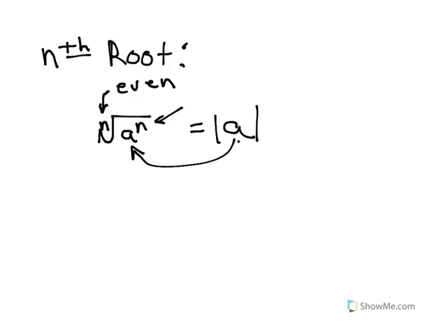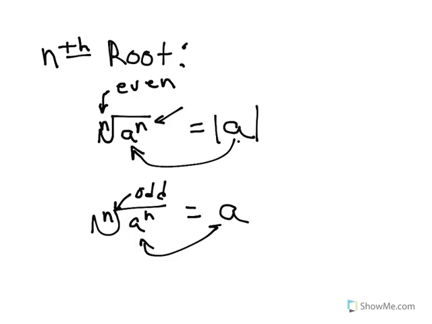So if n is an even number and this is a negative number, we need to take the absolute value, because you cannot take the square root or the fourth root or the sixth root of a negative number, but you can when it's odd. So when that n is an odd number, then the answer is just the radicand, whether it's negative or positive.